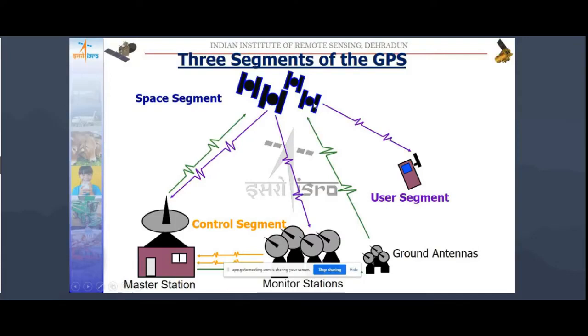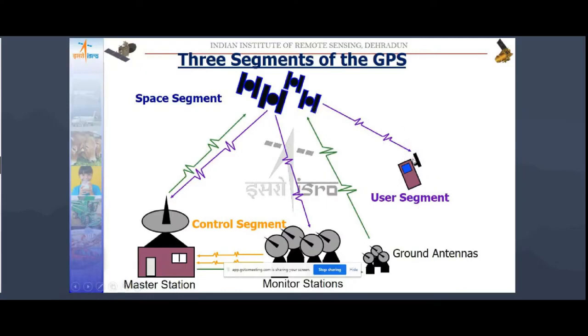And one more thing: suppose at time x the satellite sends a signal, and your receiver receives the signal after t seconds. So the sending time is x, and the receiving time will be x plus t.